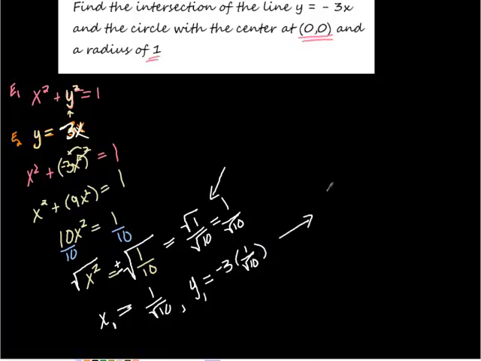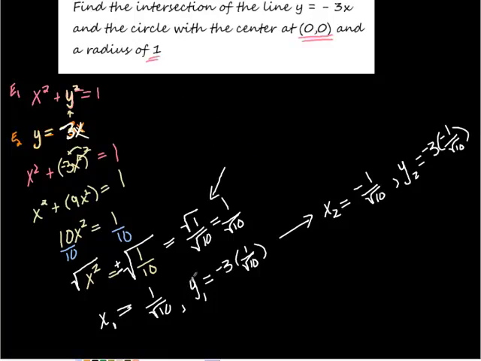The other point we would get is our x sub 2 point, which would equal negative 1 over square root 10, and therefore y sub 2 would equal negative 3 times negative 1 over square root 10. You can simplify all this stuff out. After this, it just comes down to algebra, so I'm not going to grind out all this algebra with you, but here it is.